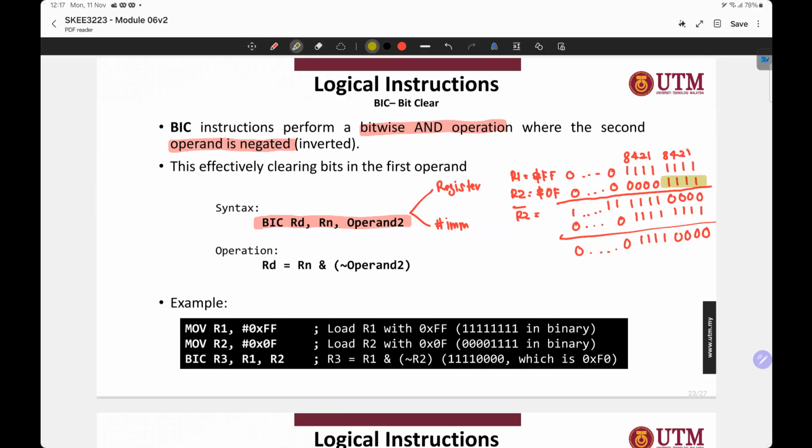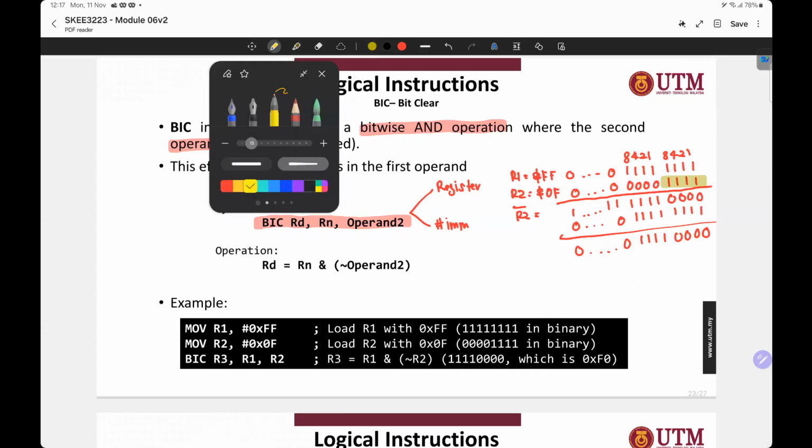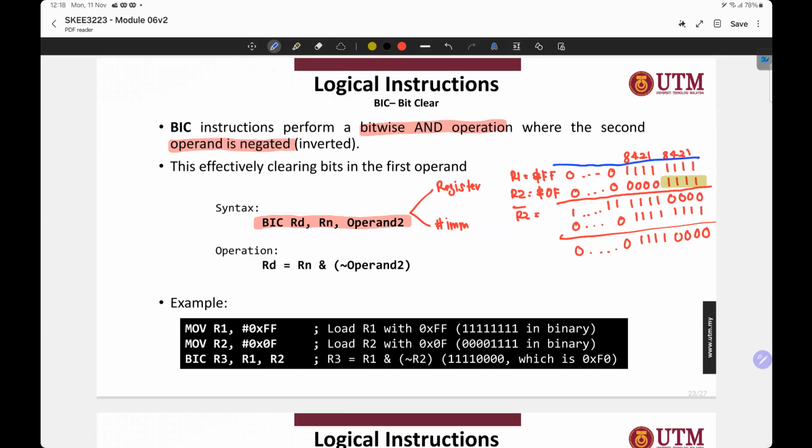For this case, this question asks you to clear bits from this value. What bits do they want to clear? These bits, the first 4 bits, which are bit 0, 1, 2, 3.